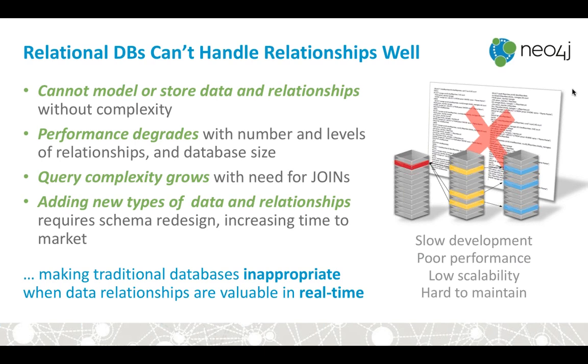Ironically, based off of the name, relational databases can't really handle relationships that well. So it's very difficult to model and store complex relationships in a relational database. And as you query it, you end up getting a lot of performance degradation when you have a lot of inner queries, a lot of self-joins and things like that.